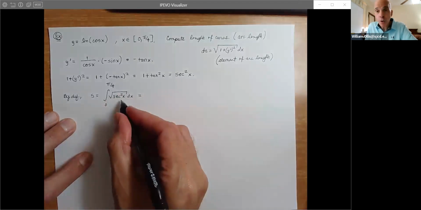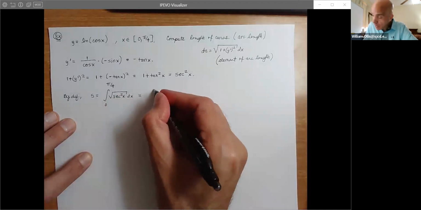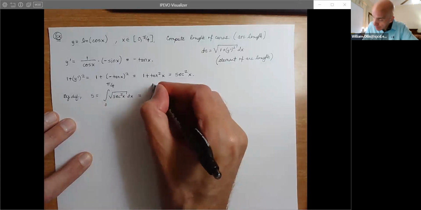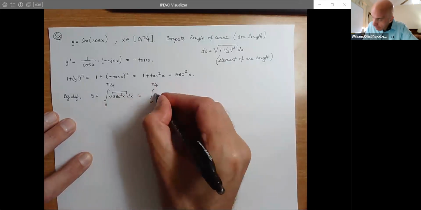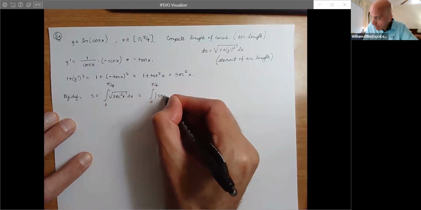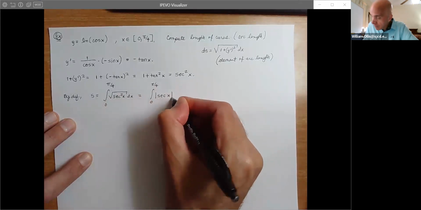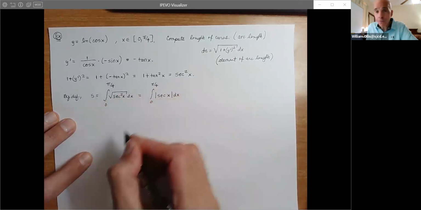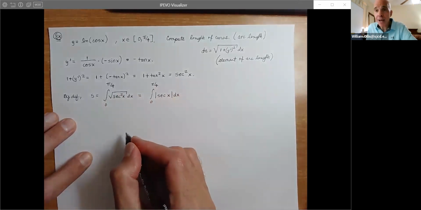And of course, the square root of the square is the absolute value. If you square the radical, you just get the radicand. There's a big difference.